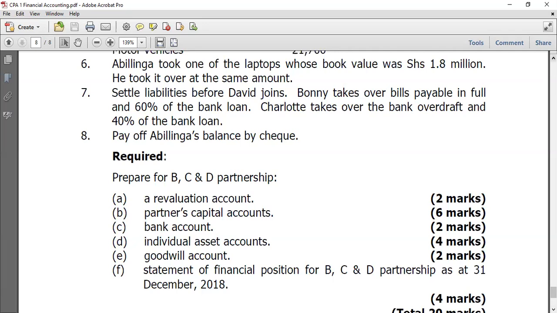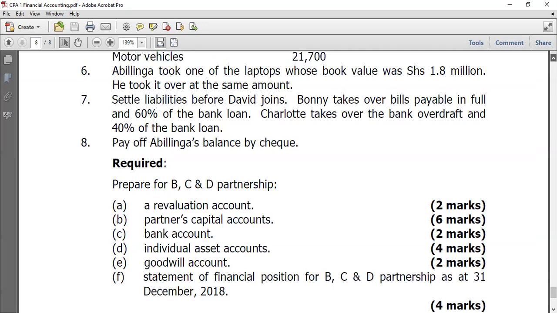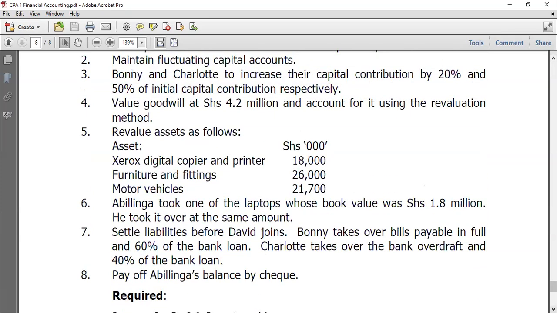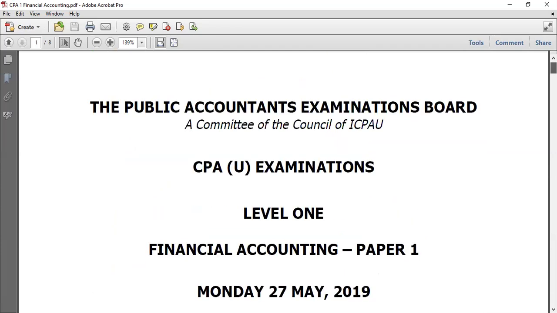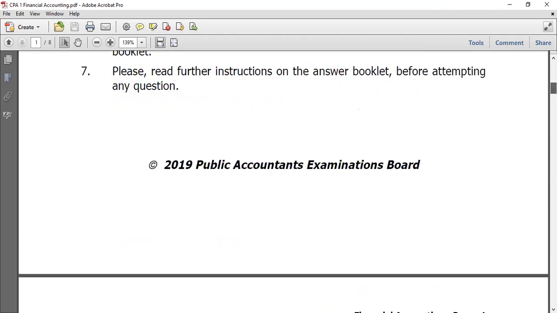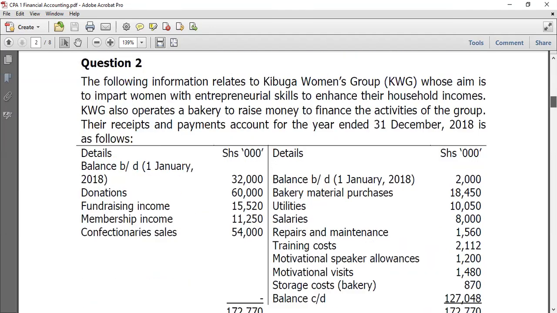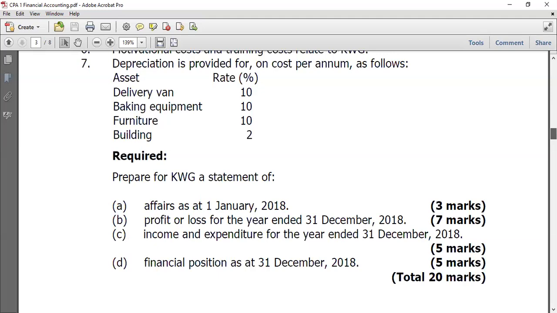Okay, so we have another question here. Let me see when this was set. This was May 2019, last year but one. They said this was a number on non-profit. Non-profit is also an interesting number.